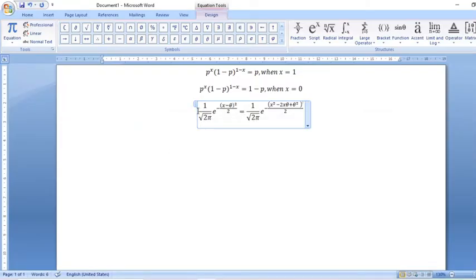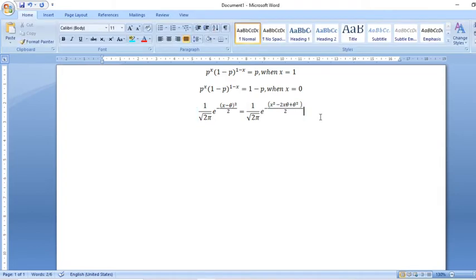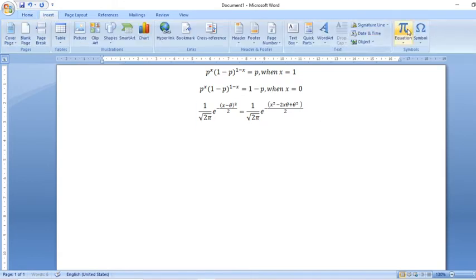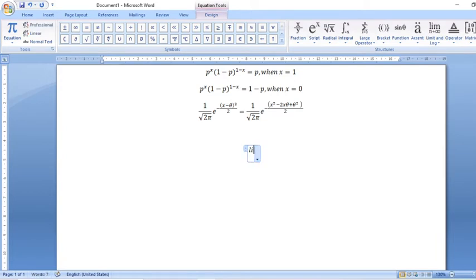If you take log of this, this is theta 1, this is theta naught.